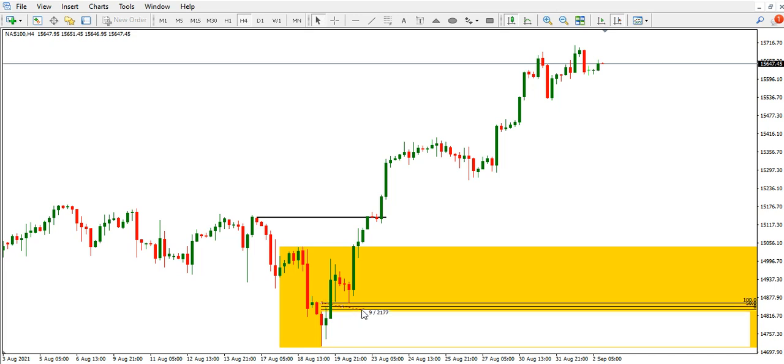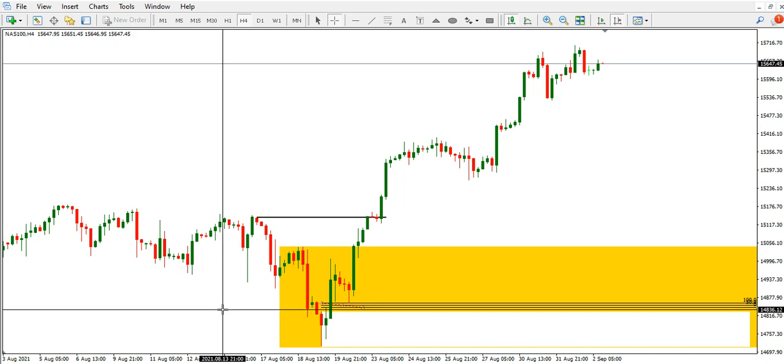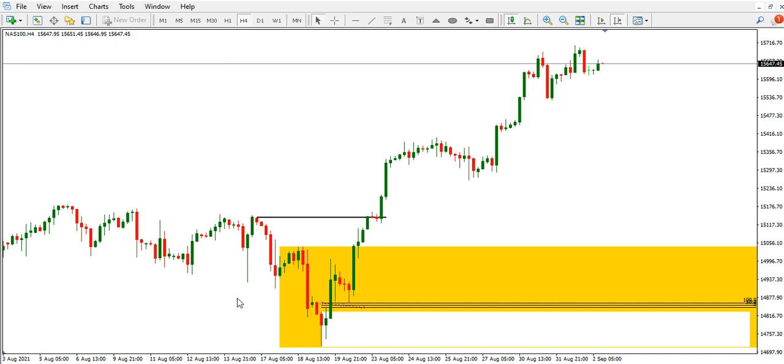Okay, so where the Fibonacci is, it's where the imbalance is, and then again it is far from the current price action. As you can see now, we're on 15,647.45, and then the entry of this order block is at 14,832.48, and that on its own validated this order block here.